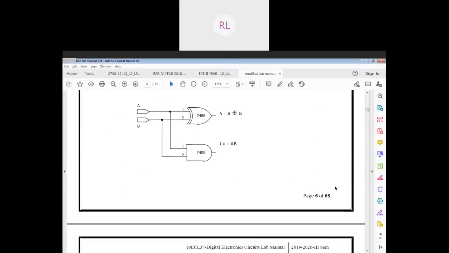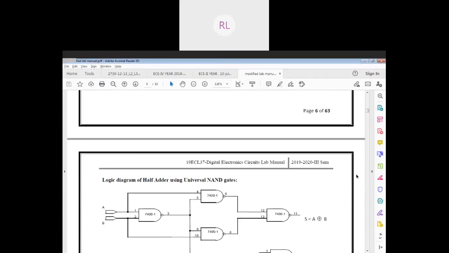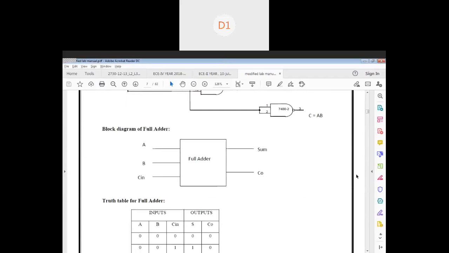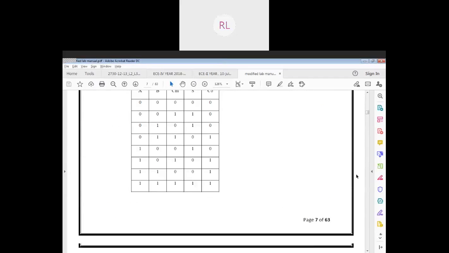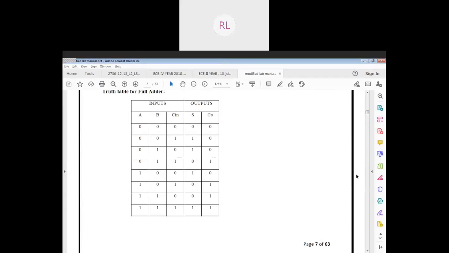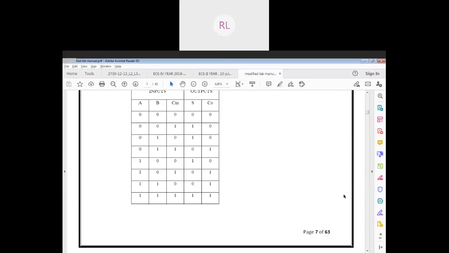Convert them to the basic gates, and then you can use the bubbling method for the implementation using NAND universal gates. Here is your first half subtractor, and here your second half subtractor, and finally we take up the values here.